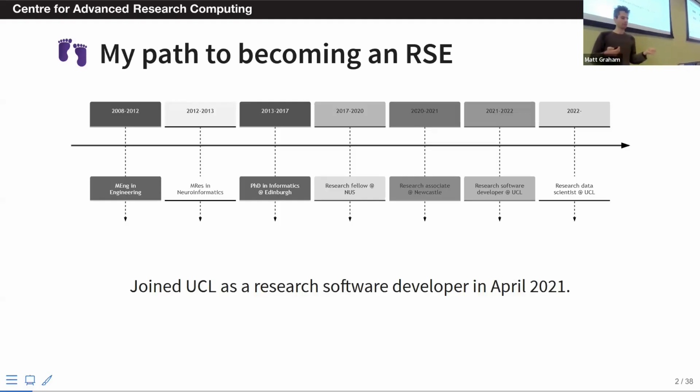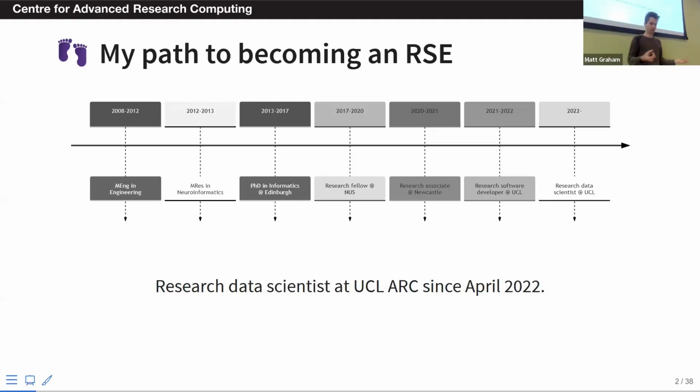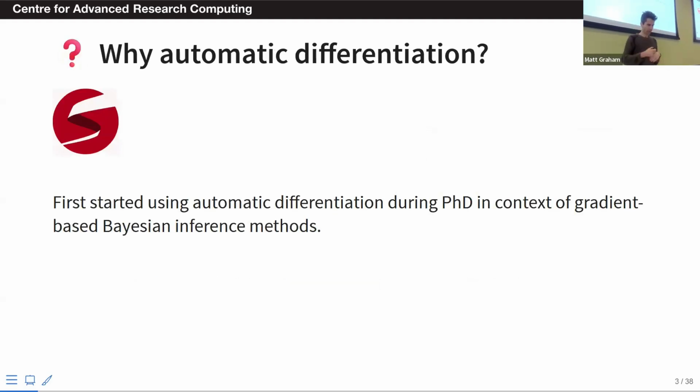So I've been at UCL since then. I had a slight change in job title from research software engineer to research data scientist a year after joining. But my day-to-day work is still more on the software engineering side. It's just that I typically work, because of my research background, on computational statistics aspects of projects.